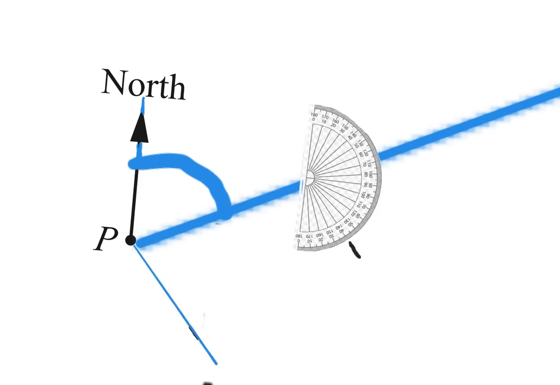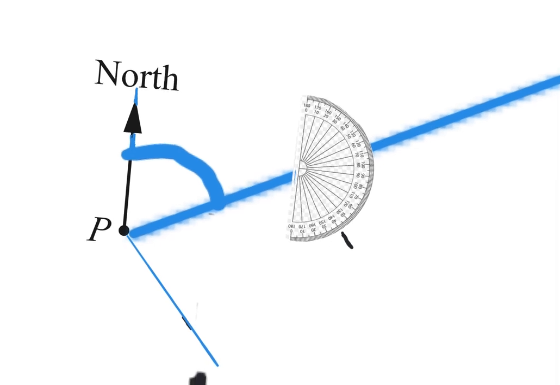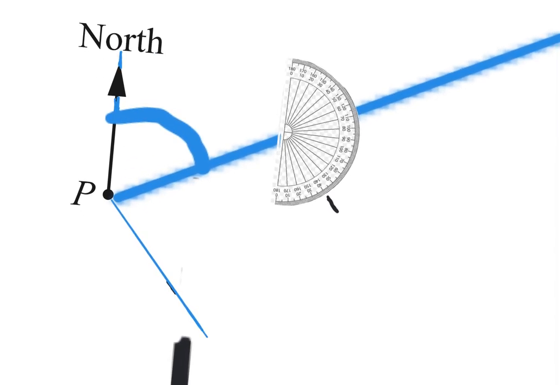Now draw line and take 7 centimeters on this line. So if we consider this 7 centimeters, so this is the town we need.